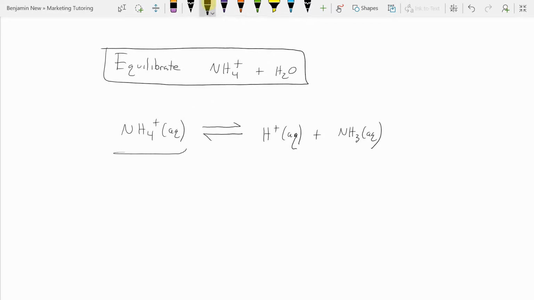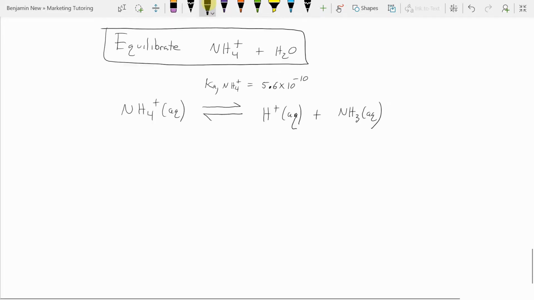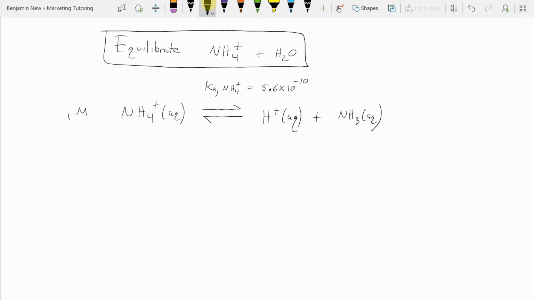It's heavily favored over here because the equilibrium constant, as we've already determined it to be, is, what did we say, 5.6 times 10 to the minus 10. Tiny, tiny, tiny. So there's about 1 billion times as many molecules of that as there are of either that or that in the solution. But let's make that more quantitative. So we have molarity. Everything on the table is in molarity or molar. We write our ICE table.